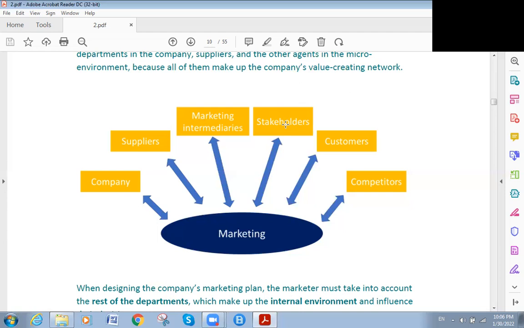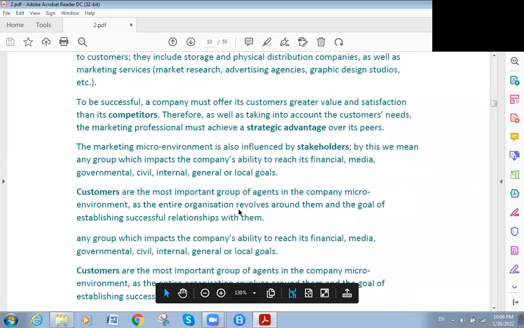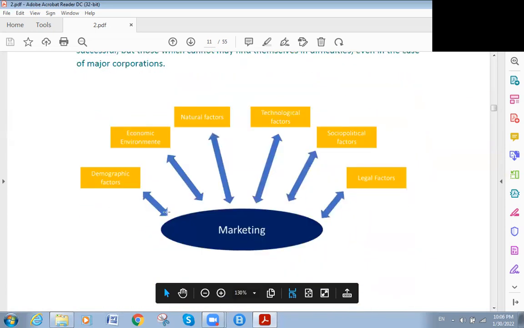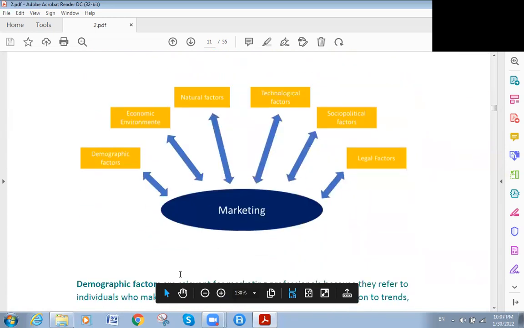The customers also are stakeholders. Marketing intermediaries are, for example, in the channels of distribution, when you go from the product producer to the wholesaler, from the wholesaler to the retailer, and from the retailer to the final consumer. Suppliers also come here, and the company again. You have mutual forces between you and those parties you deal with.